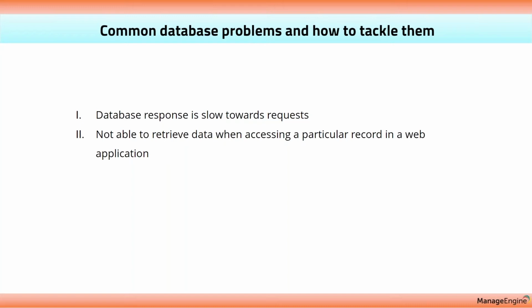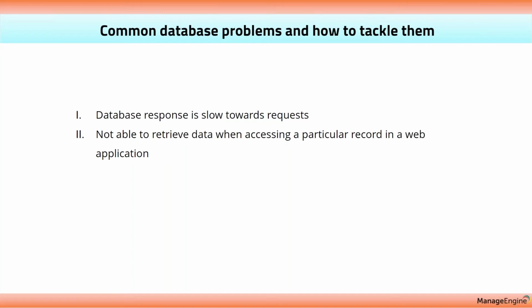The first is the database responding slowly to a specific request. Second, not being able to retrieve data when accessing a particular record in a web application. So let's discuss what to do if your database response is slow towards a specific request and what metrics need to be monitored for this use case.